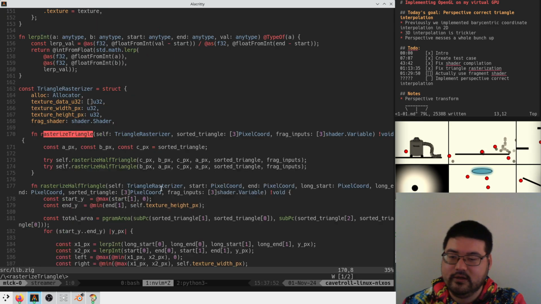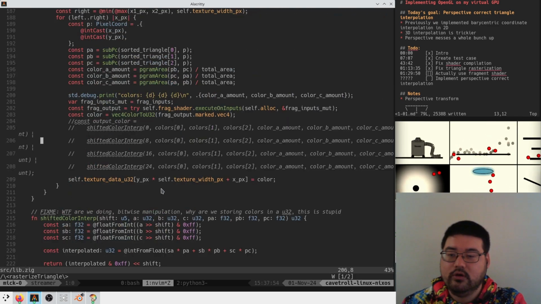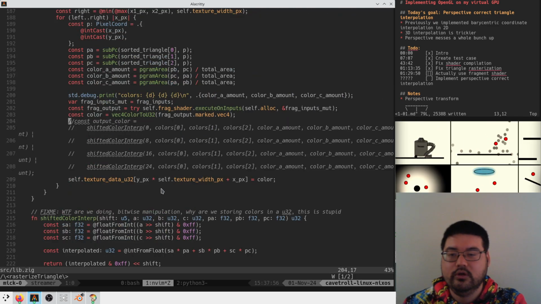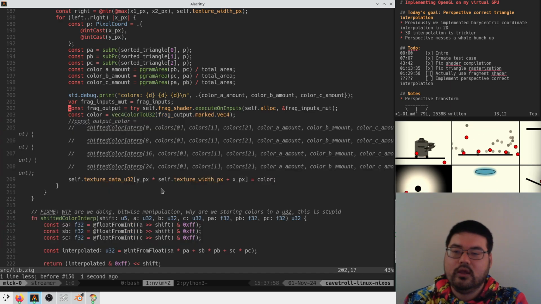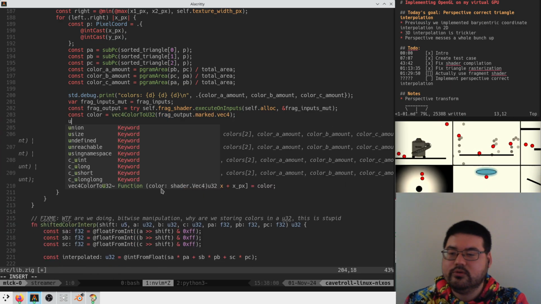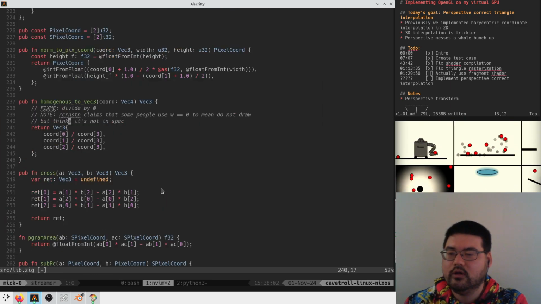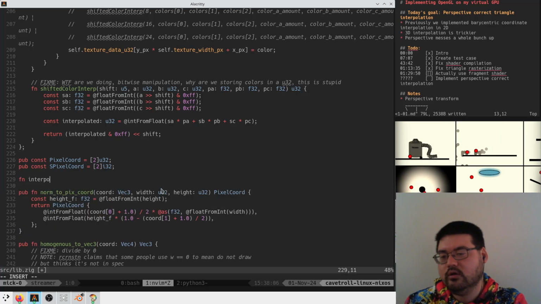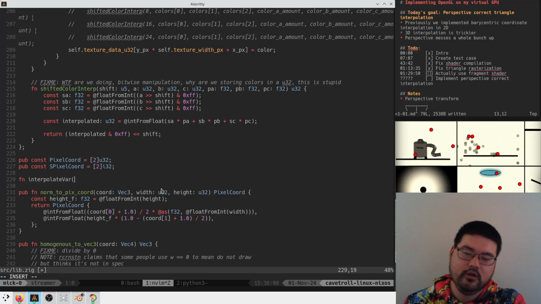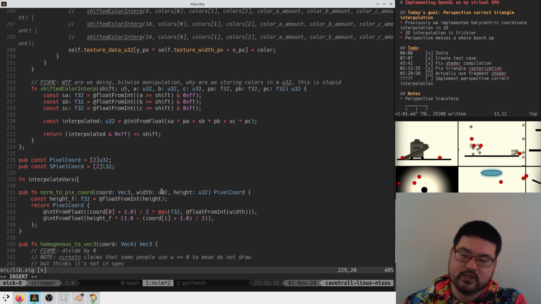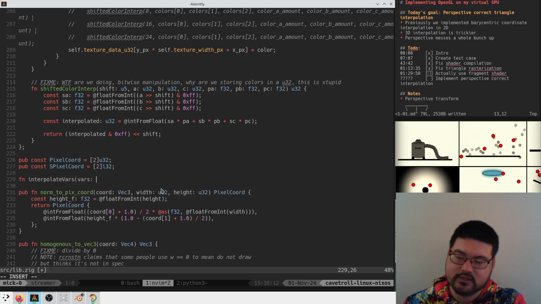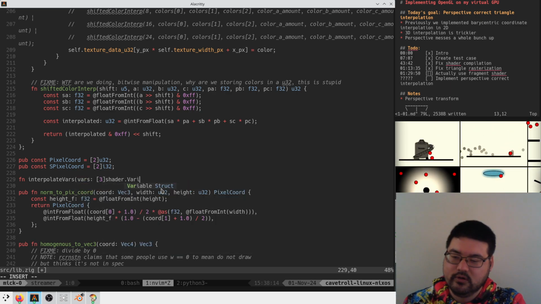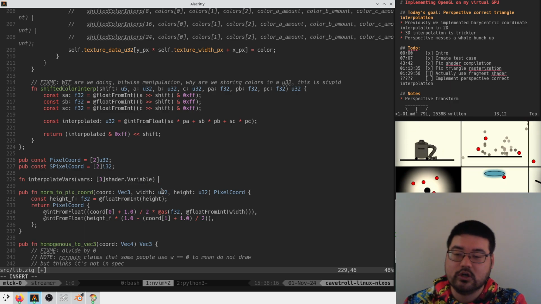Okay, so now we have to interpolate the floating point inputs of this thing, which should be pretty easy. So all we have to do is write interpolate var, which is going to take in vars, three shader variables, and return a shader variable.